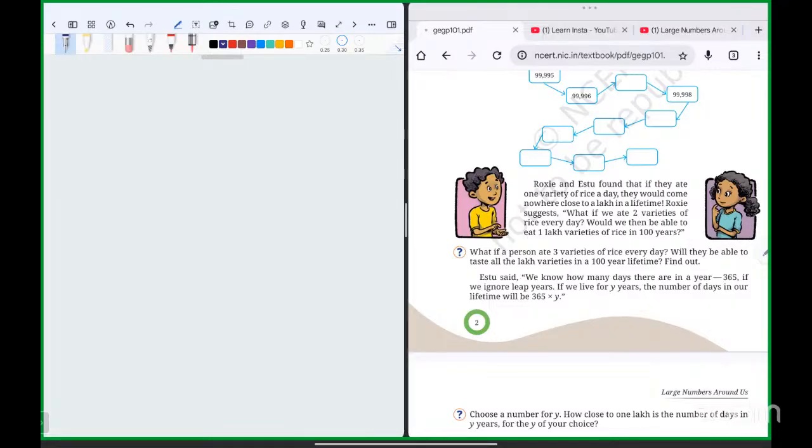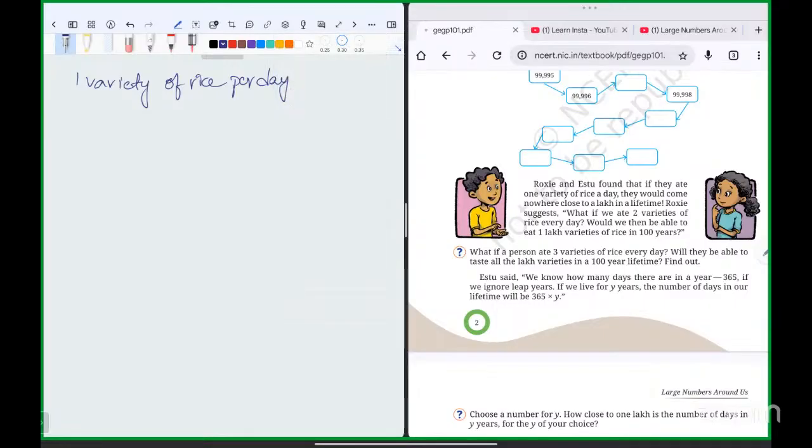Let's break down the question part by part. Roxy and Esther found that if they ate one variety of rice per day, they would come nowhere close to a lakh in a lifetime.